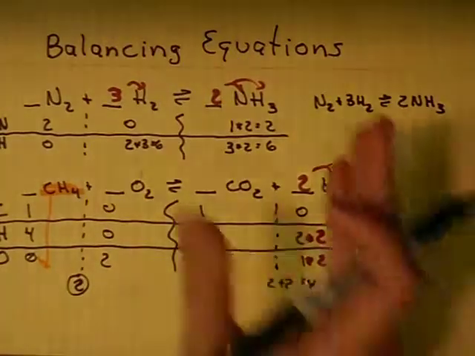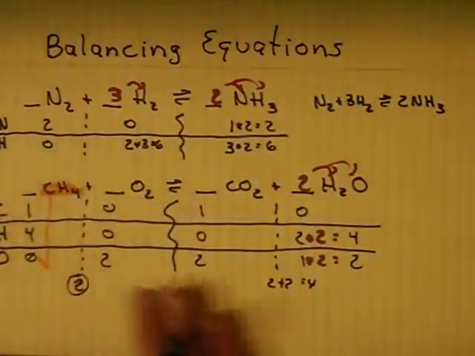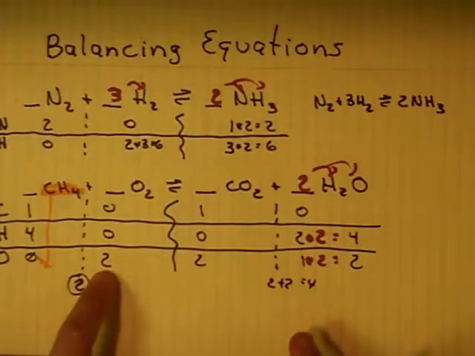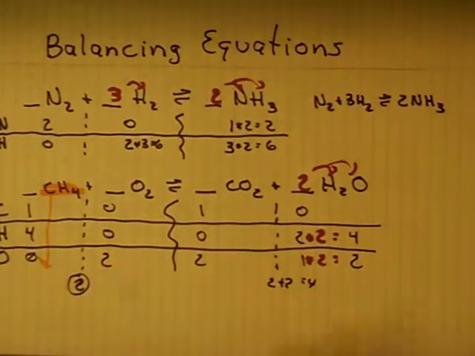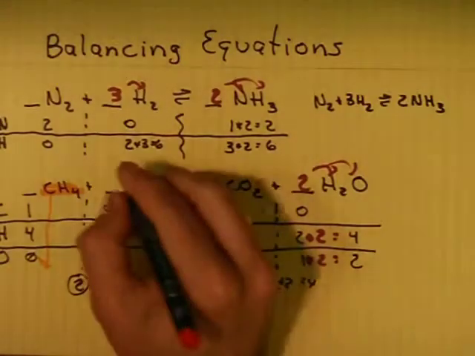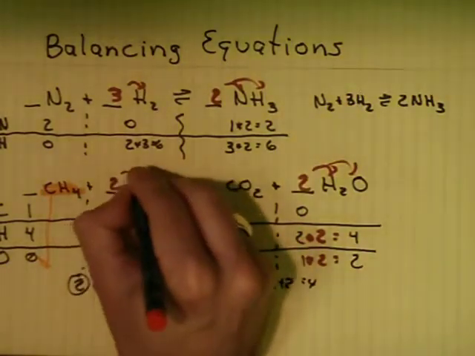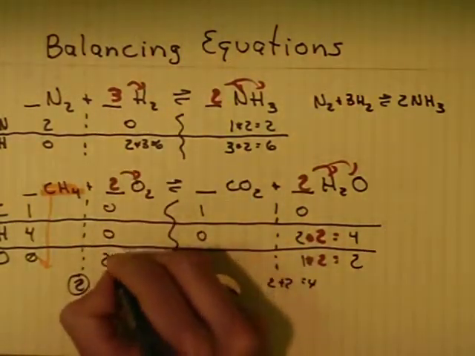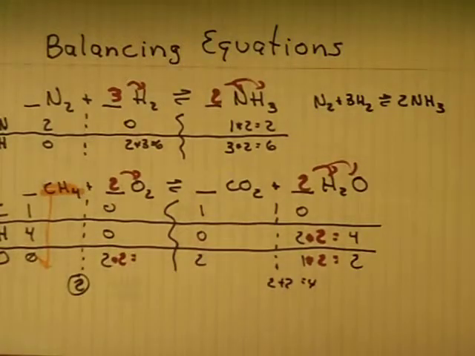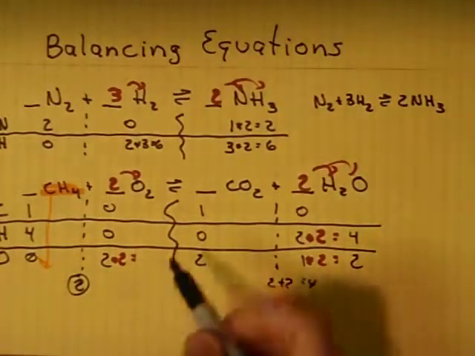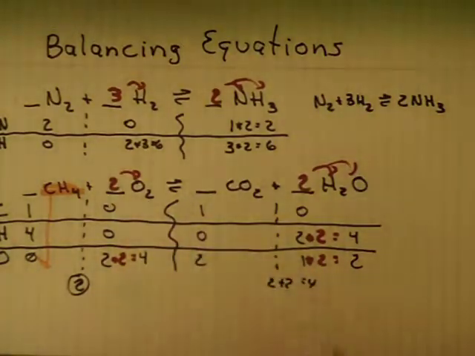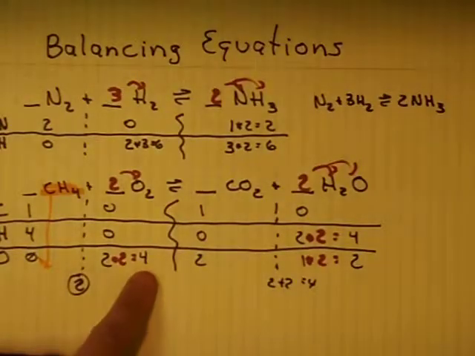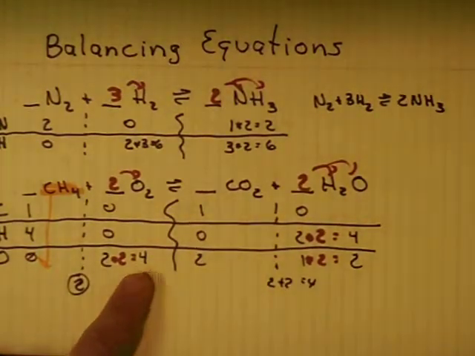So now, we've got too many oxygens on the right side compared to the left. So what can we change to this oxygen here to get it equal to 4? Equal to 2. And so 2 times 2 is equal to 4. So we've now got 4, which is equal to 2 plus 2.